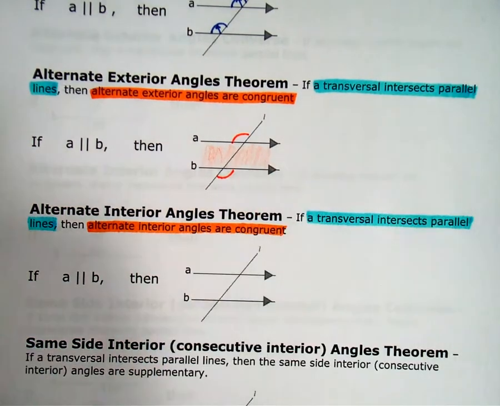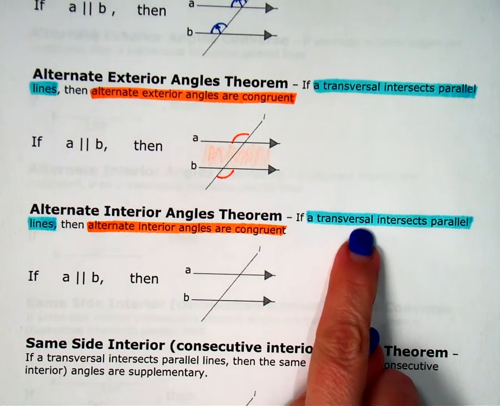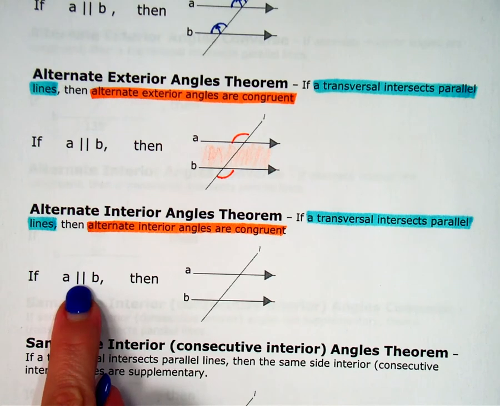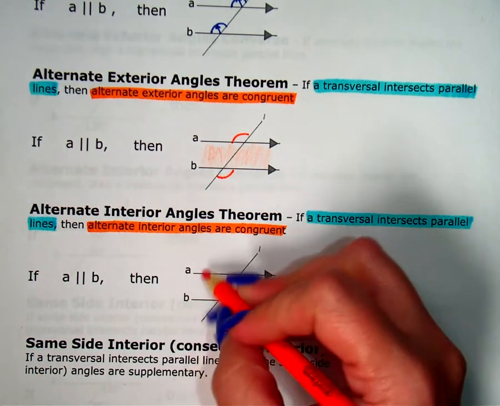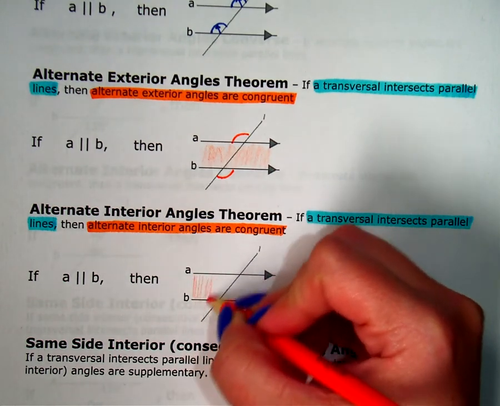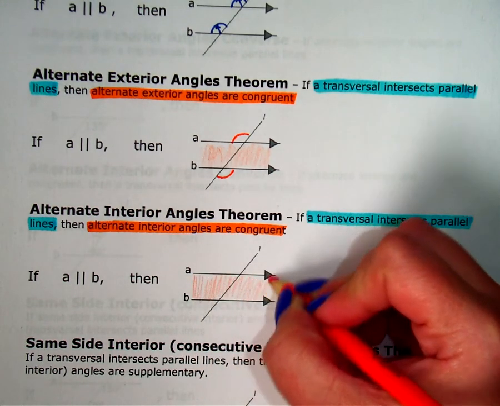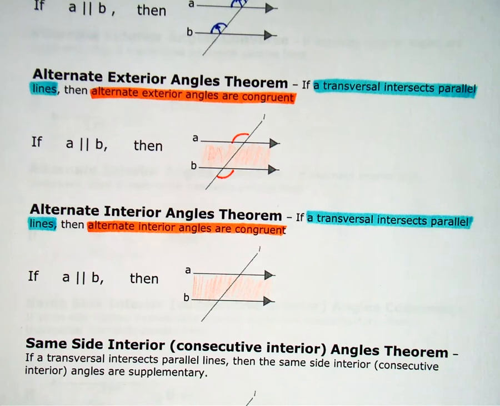So I cannot say the orange part unless the blue part is true. So I have to have parallel lines in order to say that my alternate interior angles are congruent. So alternate interior angles look just like exterior, except instead of outside, they're inside. So they have to be on different sides of the transversal, but on the inside. So there are 2 sets.